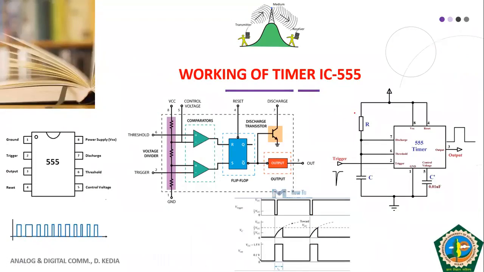This is your IC 555 timer. Your IC looks like this. It is an 8-pin IC, named 555. Pin number 1 is ground, pin 2 is trigger, pin 3 is output, pin 4 is reset, pin 5 is control voltage, pin 6 is threshold, pin 7 is discharge, and pin 8 is your power supply pin.